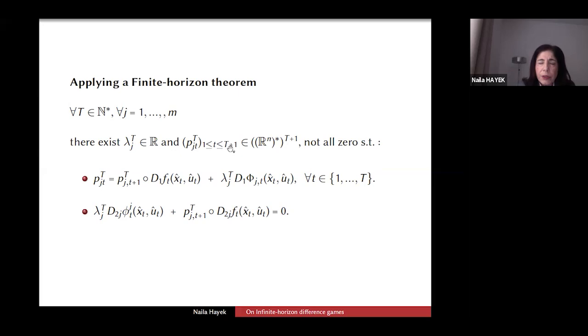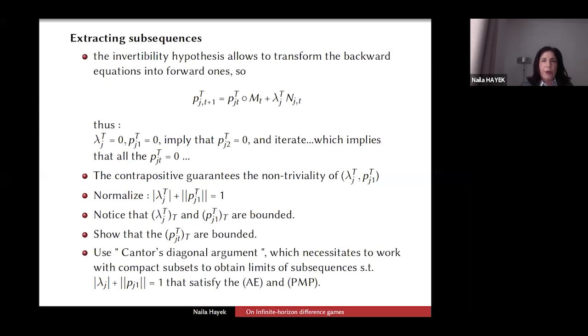What I want is a real number in R and a sequence p_j^t, where t is in big N. I want an infinite series, so I don't want the dependence upon T. So how can I extract from these sequences subsequences which will do the work? So this is what I will look at, extracting subsequences.